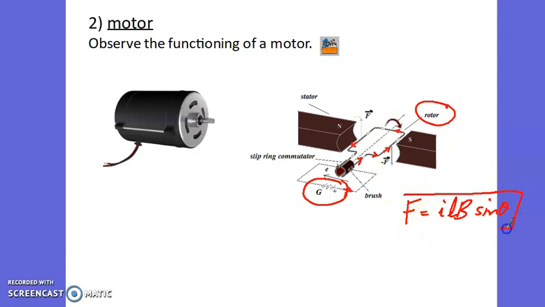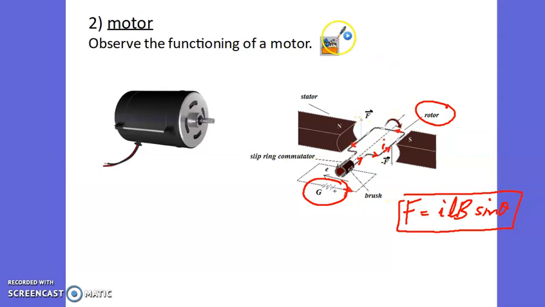This is the electromagnetic force which acts on this conductor due to the passage of the electric current I, not induced current, I coming from the generator and lying in the magnetic field of the magnet.